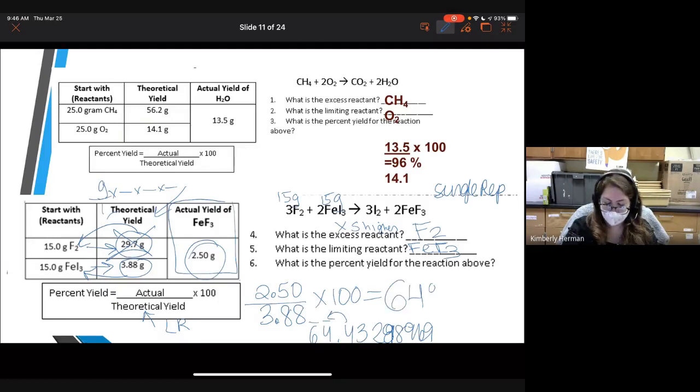So we're going to get 64%. Now, it wasn't as good as the 96% above, but it wasn't bad. It just means that your reactant made 64% of the projected product it would. So it's a little bit lower. Maybe we lost something, there was a contamination, or we mismeasured when we did it for it.